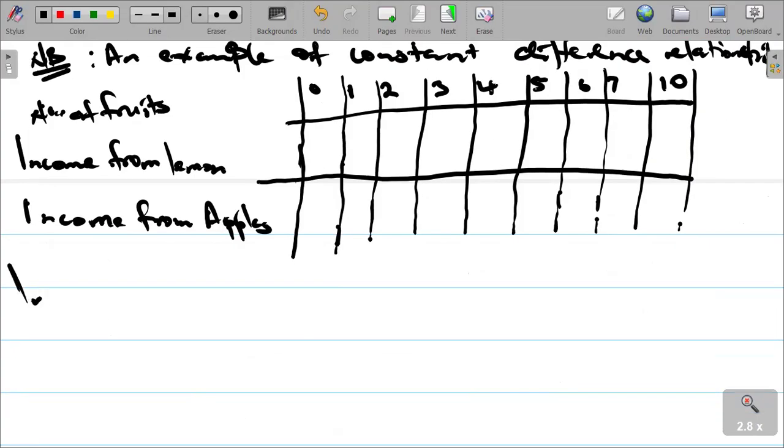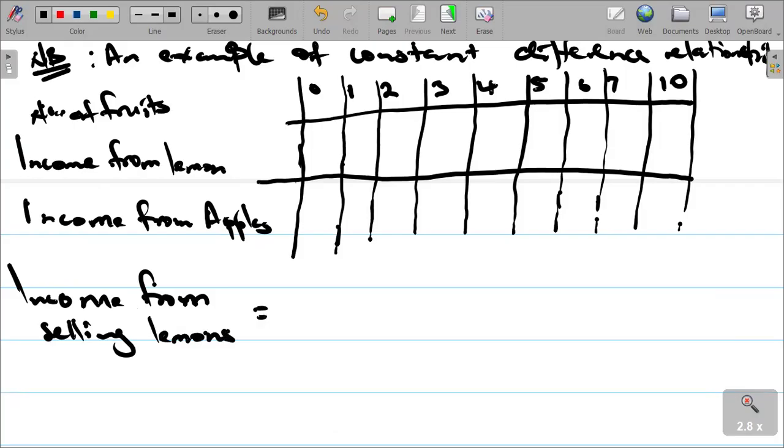Income from selling lemons is equal to the number of lemons sold multiplied by the cost per lemon, which is given that the lemon costs 2 rand.